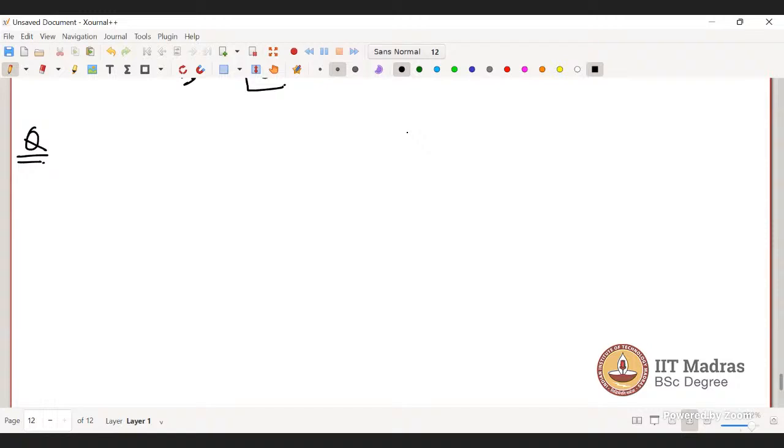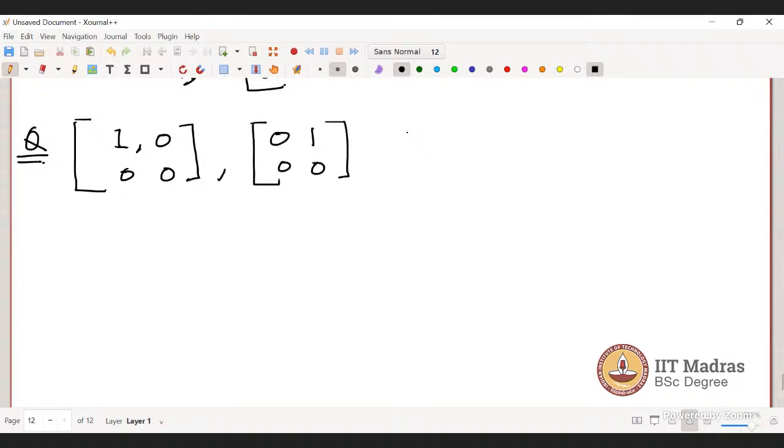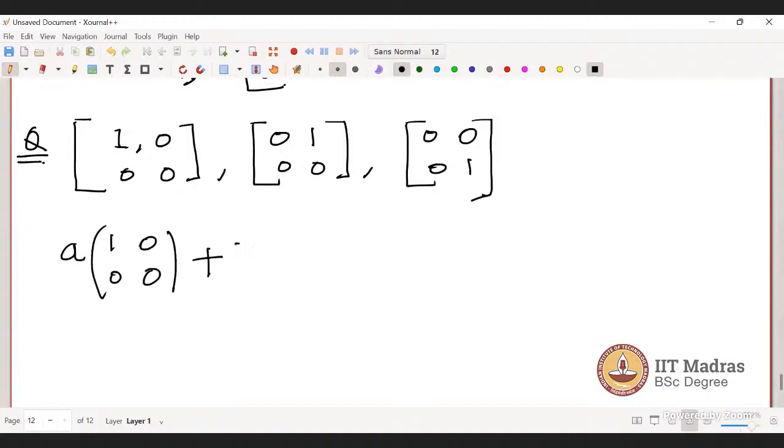How are you checking it out? This is the set, right? So the span is basically this set.